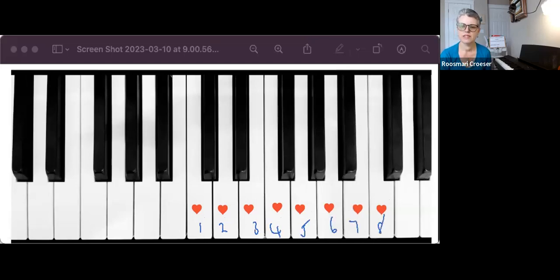Now let's look at this very carefully. From C to D, we have a whole step. Why do I say that? Well, let's look again. One step, two steps, right? From D to E, I have one step, two steps.